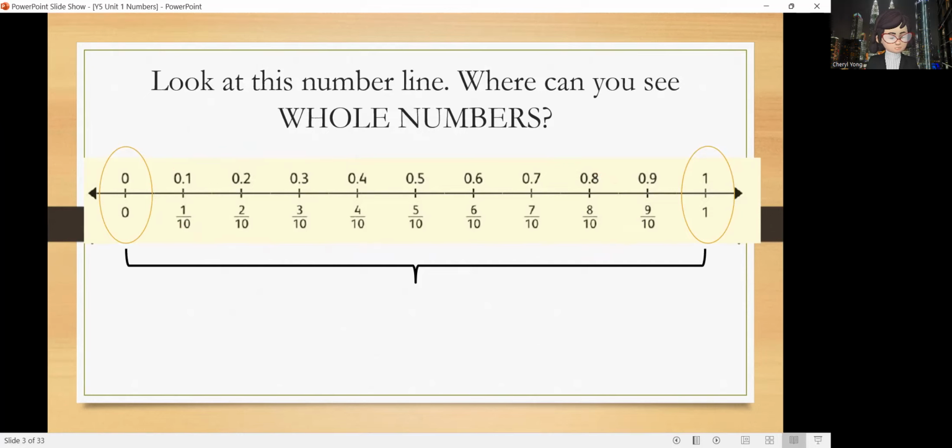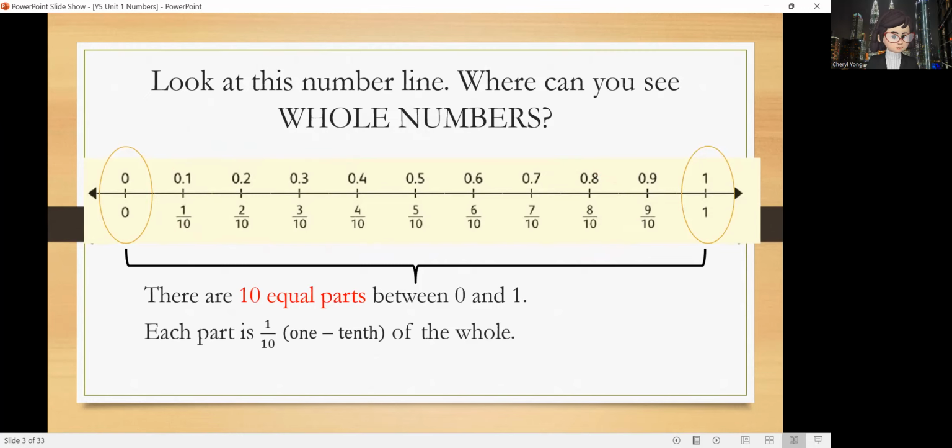In between 0 and 1, it is divided into 10 equal parts. So each part is 1 over 10, which is what we call 1/10 of the whole. Do take note of the TH here. Okay? 1 over 10 equals 0.1, 2 over 10 equals 0.2, 3 over 10 equals 0.3, and so on.